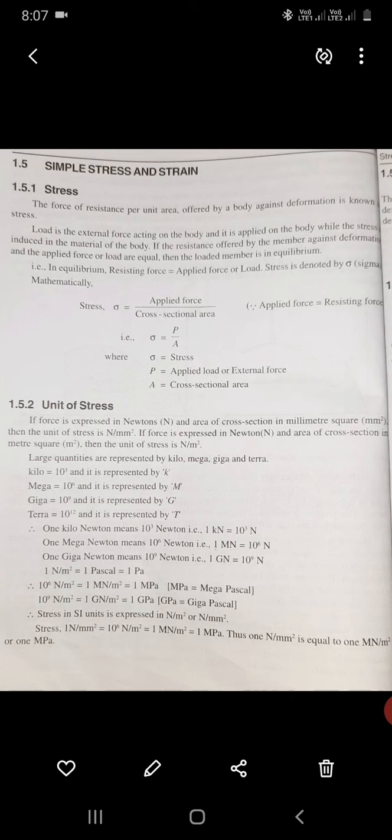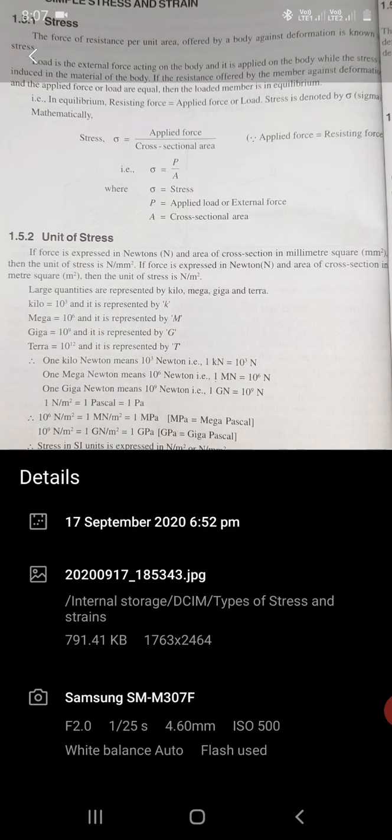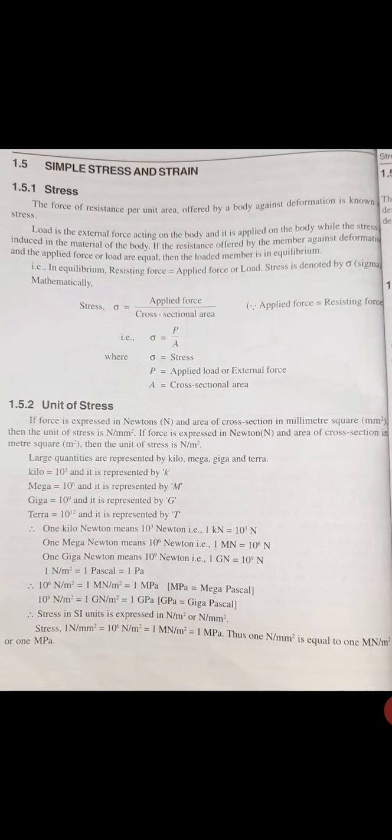1 Newton per meter square is also called 1 Pascal, or 1 Pa.